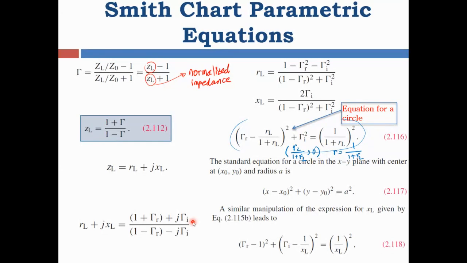But the point is that for any given value of gamma, it is a circle for the real part of the impedance, again, that has a center at this and a radius of that one. Now the center again is going to be on the x-axis only.